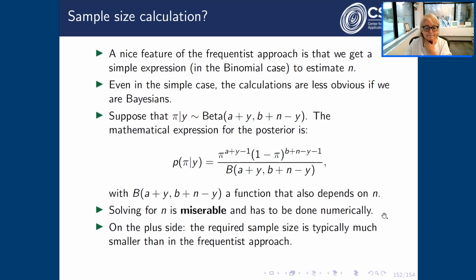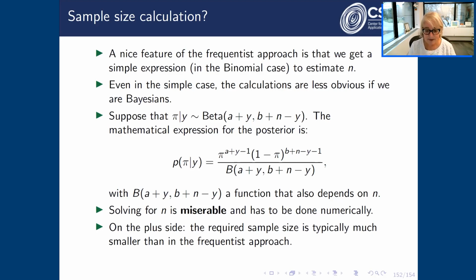There's no easy way to do these calculations. We statisticians can do them because we know how to code this, but you, the practitioner, probably wouldn't be able to do them unless you have some special tools.